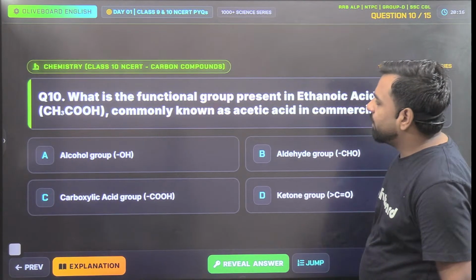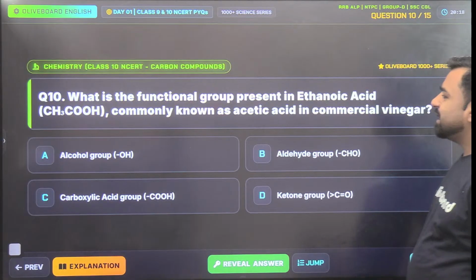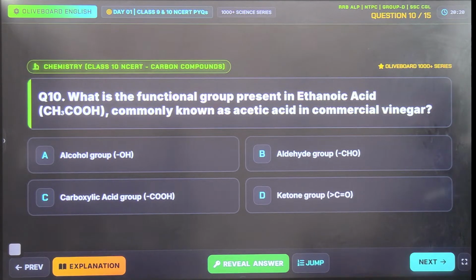What is the functional group present in ethanoic acid, which is commonly known as acetic acid in commercial vinegar? So you have 4 options here. Tell me. So guys, if it is ethanol, you can go with option number A, right? Can it be aldehyde?